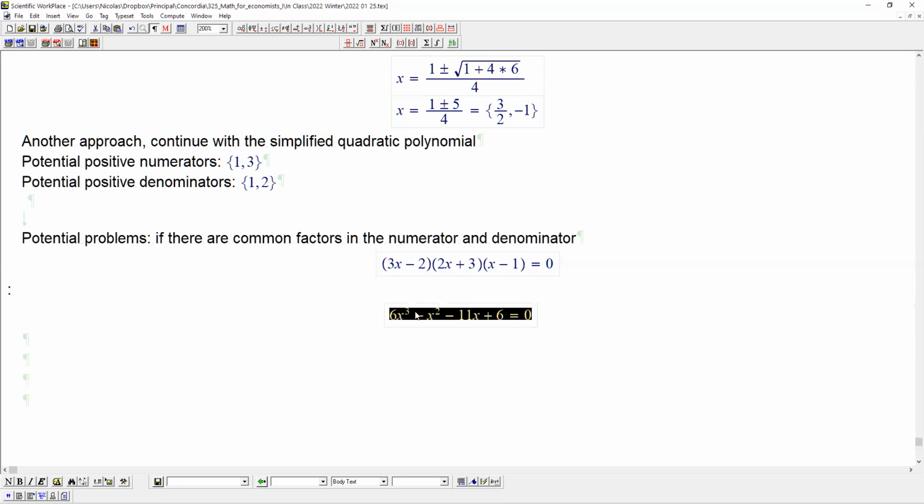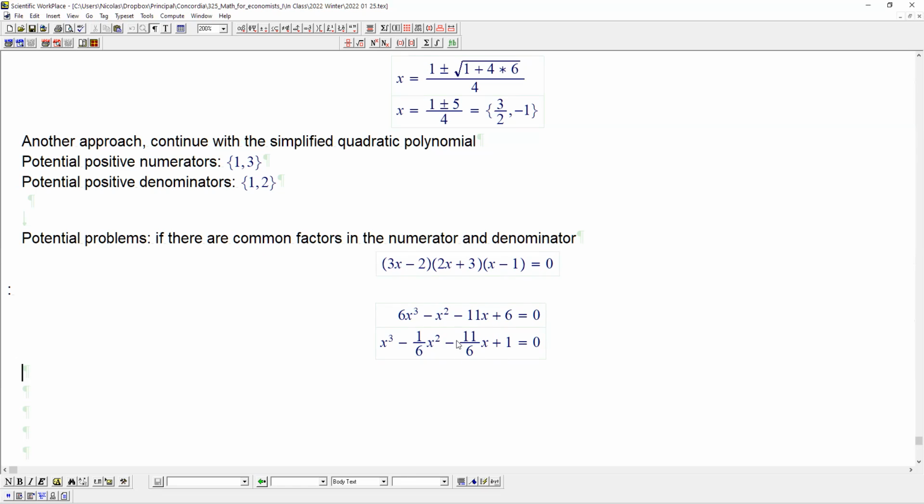But if I did this, for instance, if I said this is 1 over 6, 11 over 6, and 1, and then I said the potential numerator is plus or minus 1, or the potential denominator is plus or minus 1, then it just gives me 2 factors to work with.